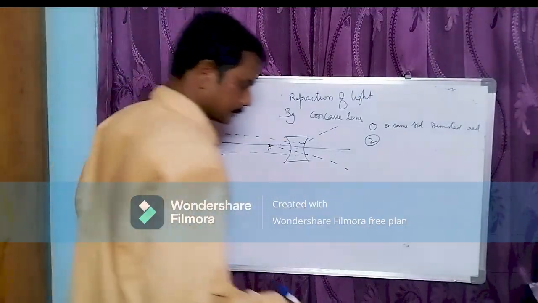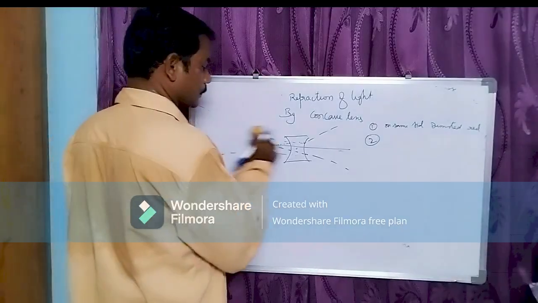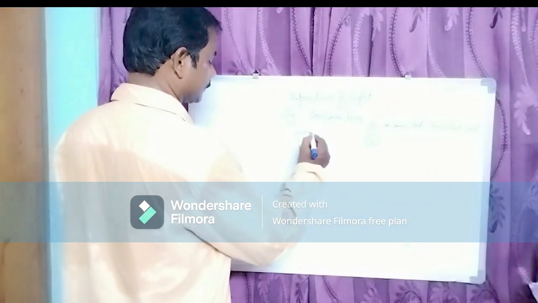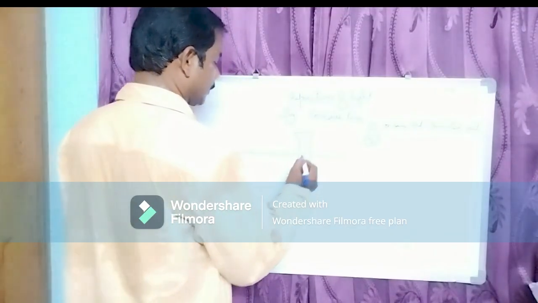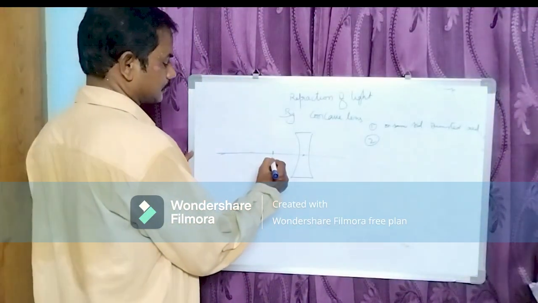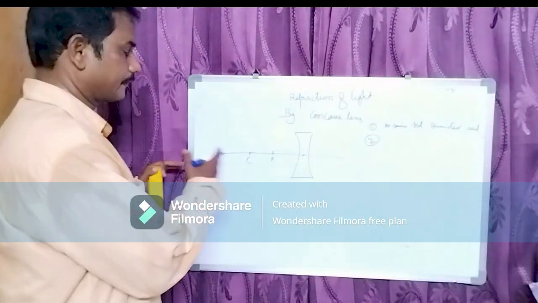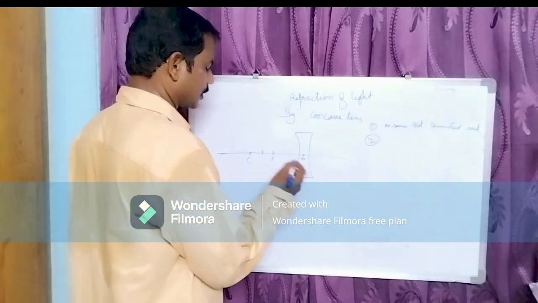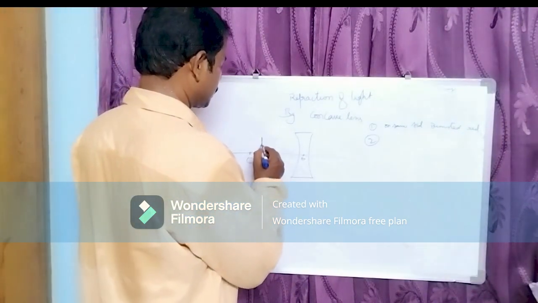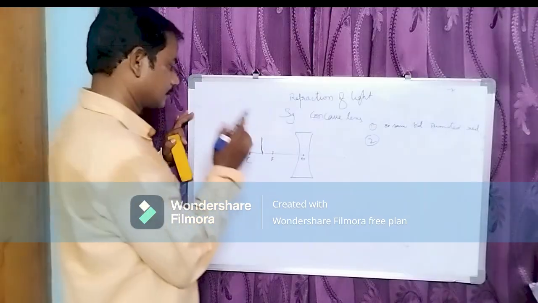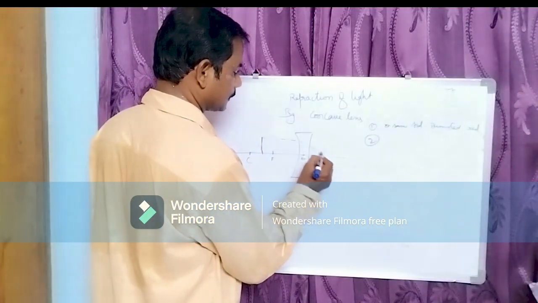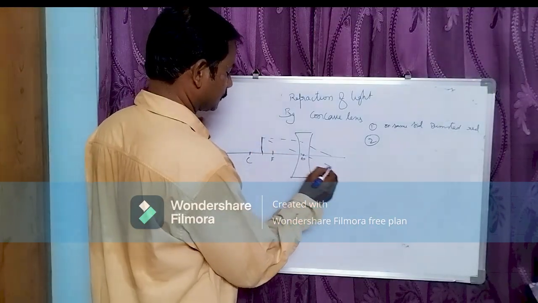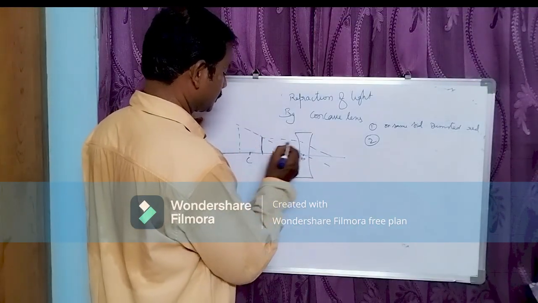Second case. When the object is somewhere else, between O and infinity, maybe at C or like this, the lines will be like this. The image forms on the same side.